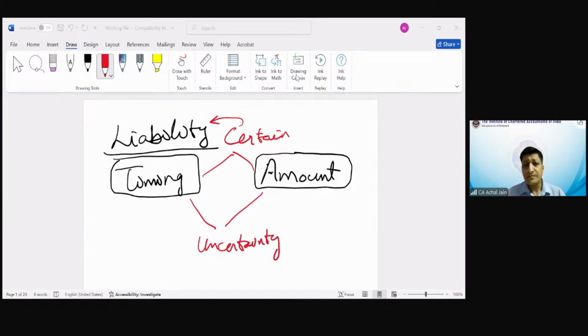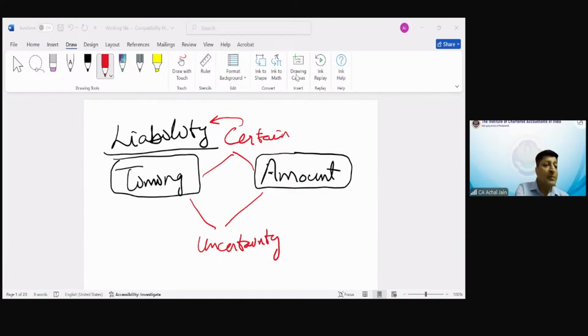Very good. So the moment we say that some sort of uncertainty is involved, what do we require then? We will have to get into the estimation. Because the certainty is gone, definitely some sort of estimation will be required.